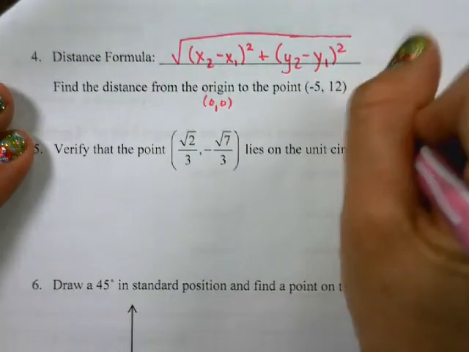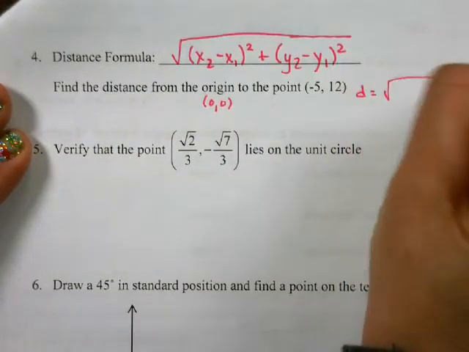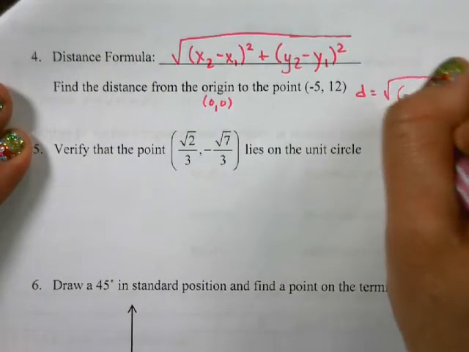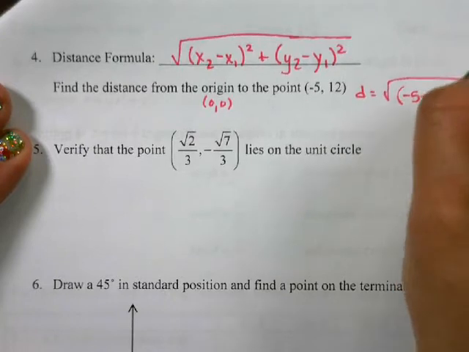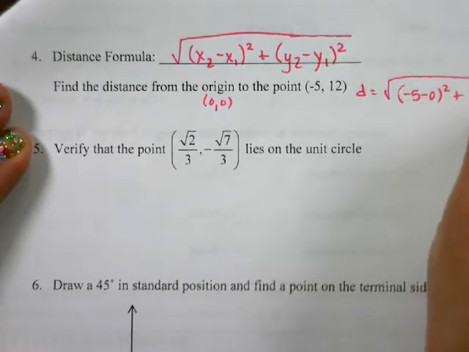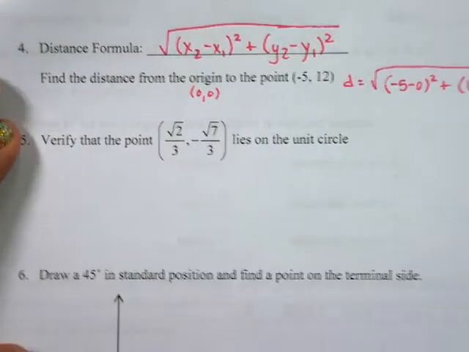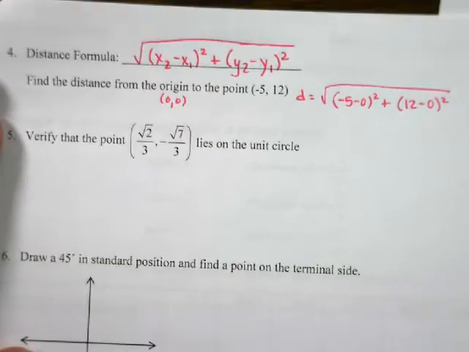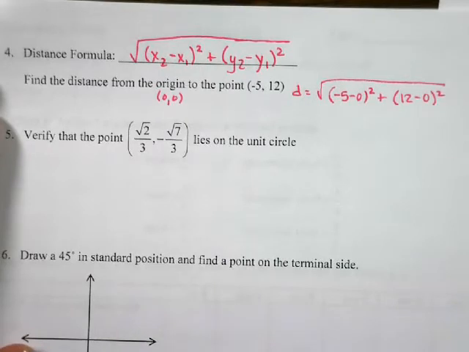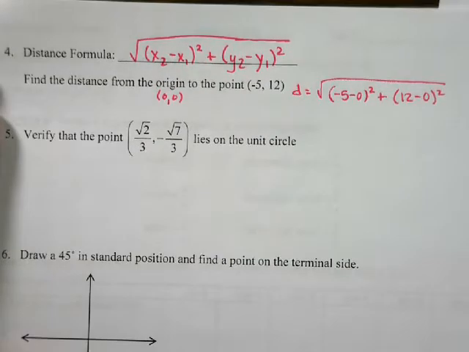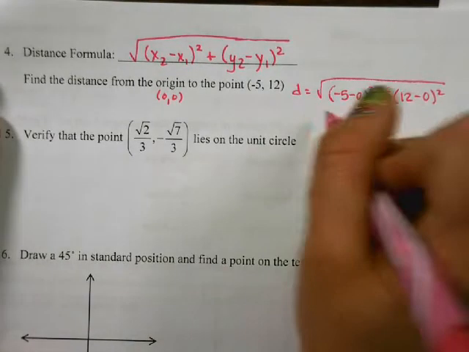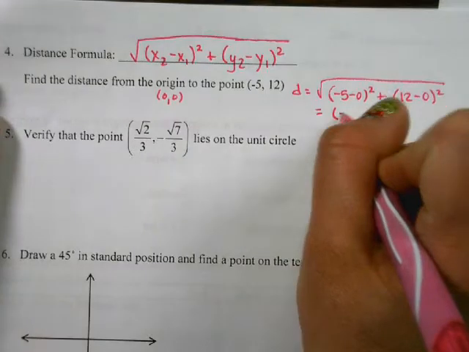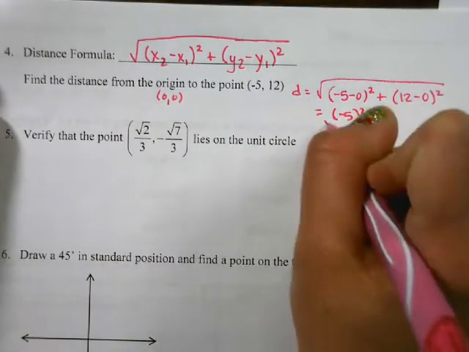So my distance is the square root of (-5 minus 0) squared plus (12 minus 0) squared. Okay, -5 minus 0 is -5. Square -5: 25.